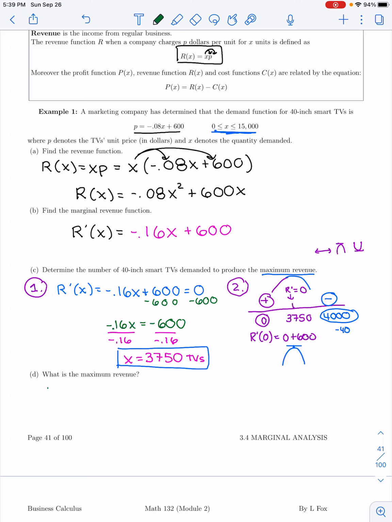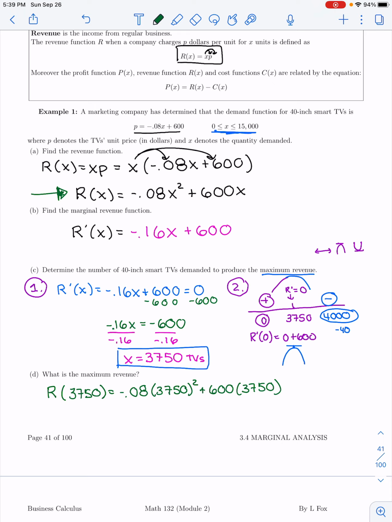We want to figure out the Y value, which means we need to plug into the original. I'm going to plug into the regular R from part A. R of 3,750. Let's see how much revenue they're going to make off of these TVs. You have negative 0.08 times 3,750 squared plus 600 times 3,750.